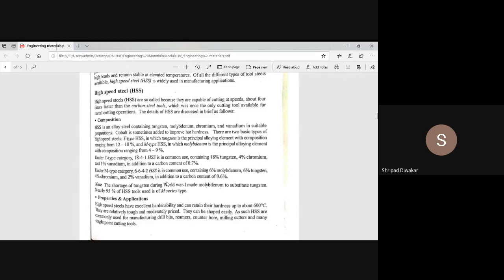Remember, molybdenum is mainly added to improve the hardness of a material. In certain cases we require extra hardness, and in that case we go for M type HSS steel.